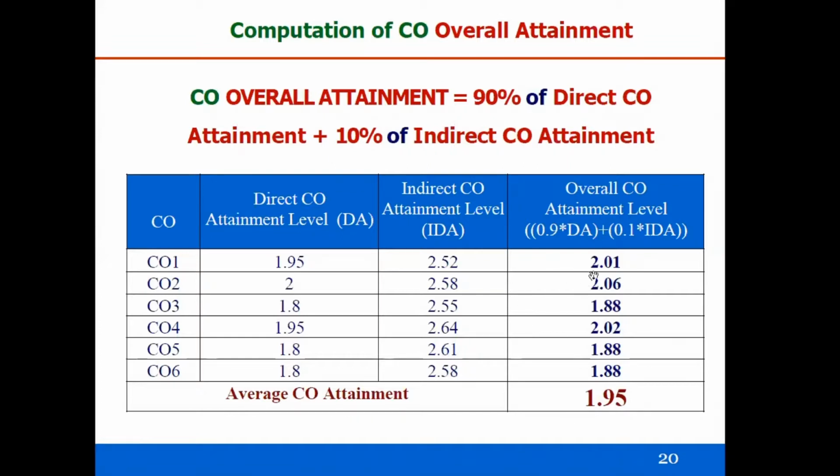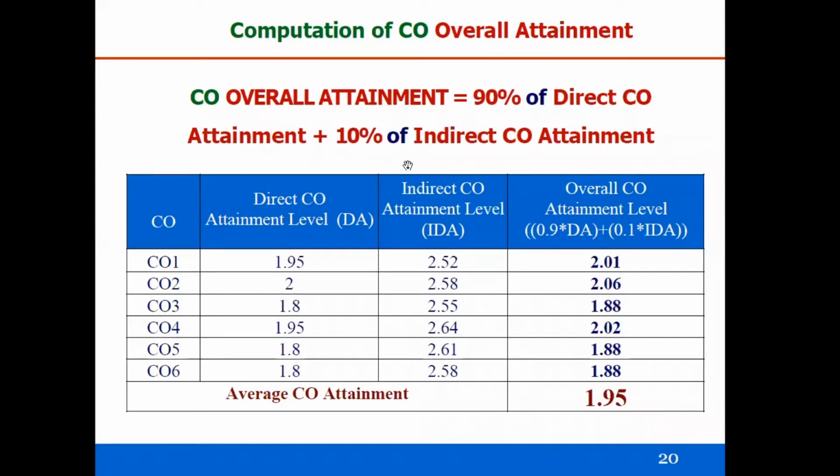So here I have rounded to 2 decimal points, so that's why the nearest value is taken here. So now these are all the individual CO overall attainment values. Now you have to take the average of all these COs' overall CO attainment. Then you will get that particular course average CO attainment value.